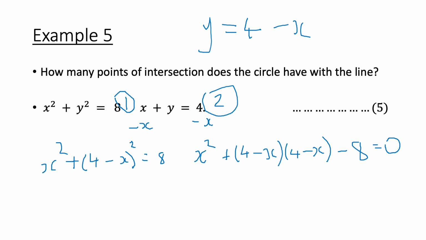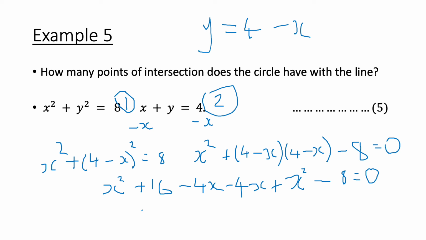So expanding this, I'm going to get x squared plus 16, subtract the 4x, subtract 4x again, and then plus the x squared. Minus x times minus x is positive x squared. Minus 8 is equal to 0.